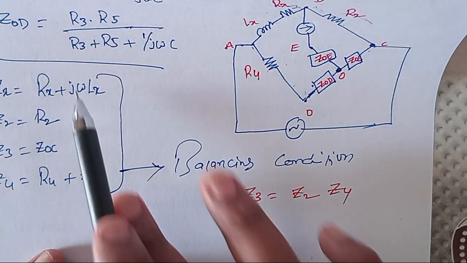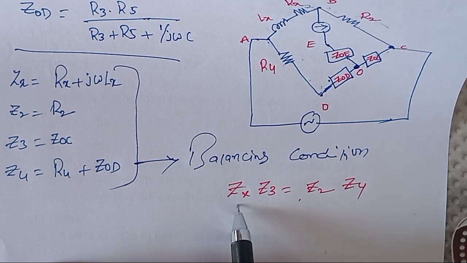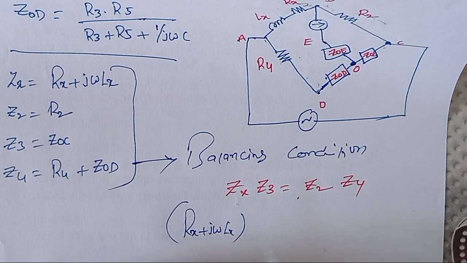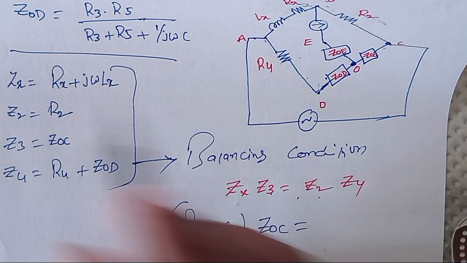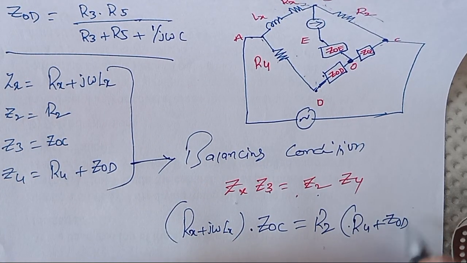Now I am substituting those values and simplifying. Zx means Rx plus j omega Lx, into Z3 means ZOC, equal to Z2 means R2, into Z4 means R4 plus ZOD.